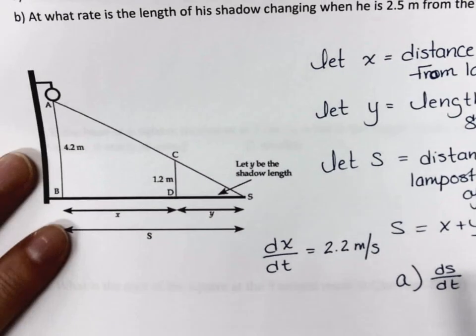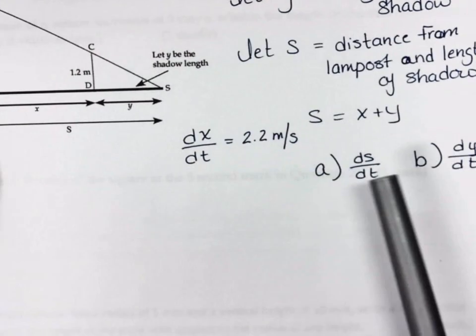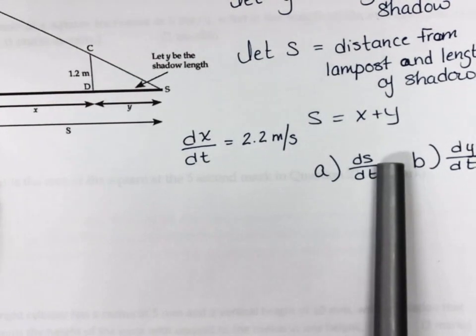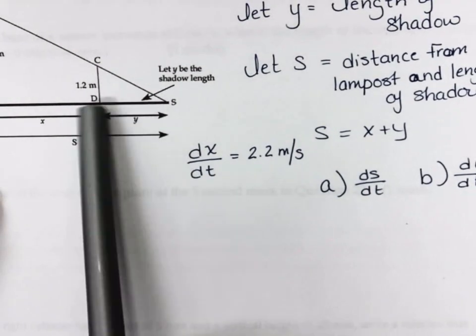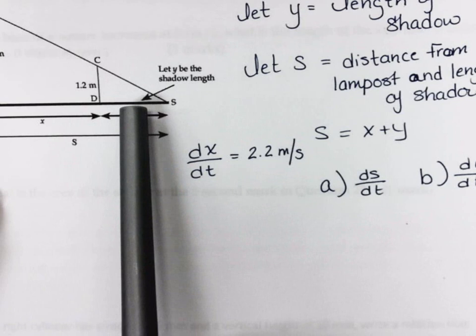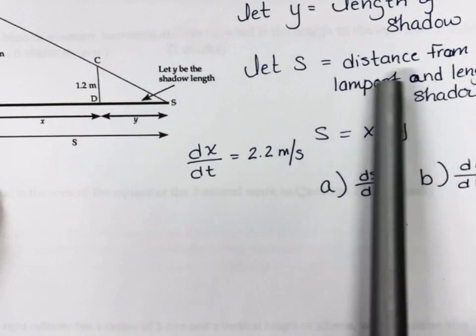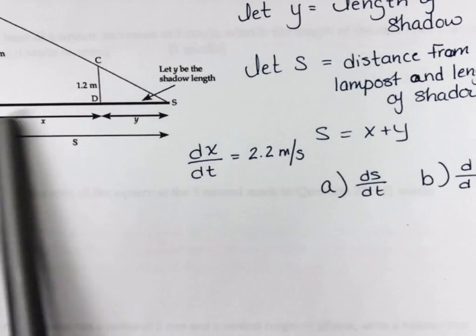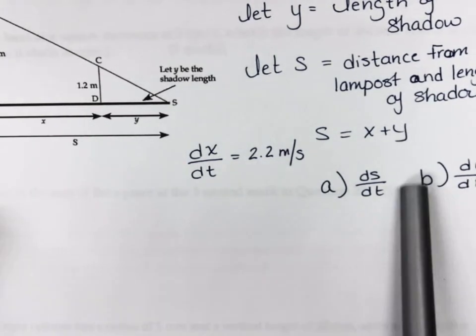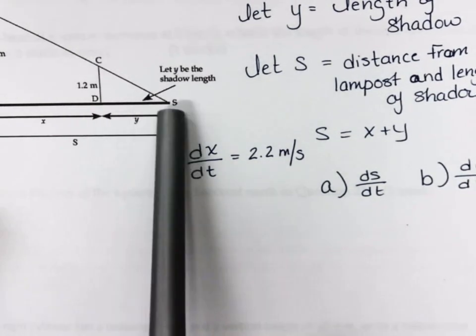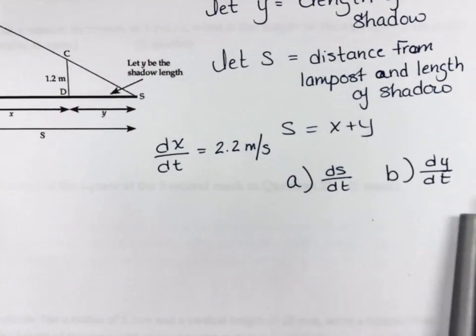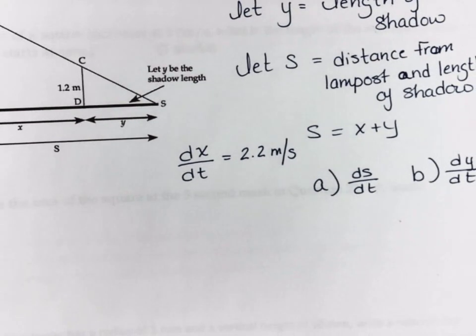We decided this the last time we were together: ds over dt is what we were looking for, because we're looking for the length of the distance from the lamppost to the end of the shadow. We're looking for this whole thing. And dy was just simply the length of his shadow, how that was changing. So that was dy over dt. That's what we said A and B were both describing.